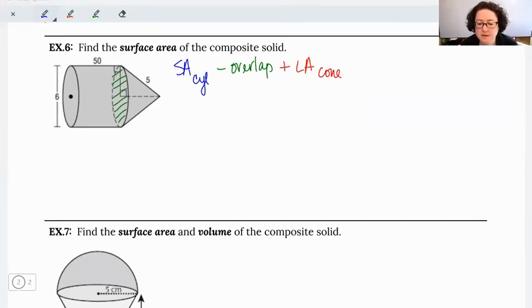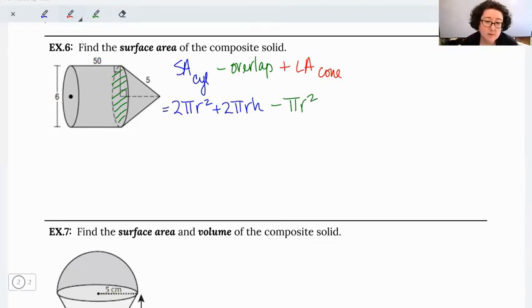So surface area of the cylinder. Again, our formula for that, just looking that up on our formula sheet, that's 2 pi r squared plus 2 pi r h. Okay, our overlap is a circle, and our area for a circle is pi r squared.